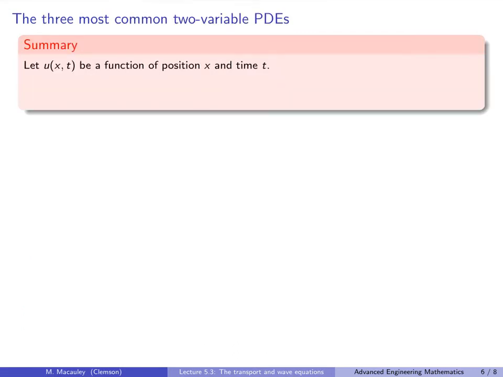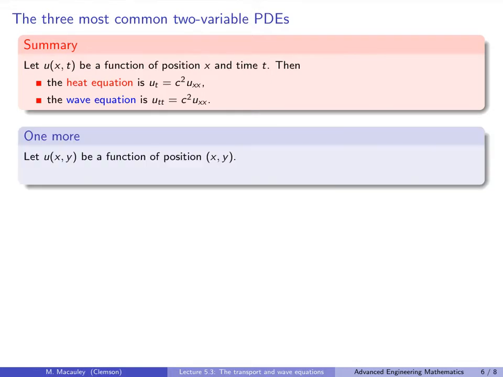If u is a function of position and time, then the heat equation is the PDE ut equals c squared uxx, and the wave equation is the PDE utt equals c squared uxx. And finally, the title of this slide suggests that there are 3 common 2-variable PDEs.